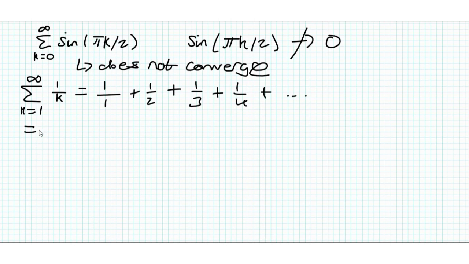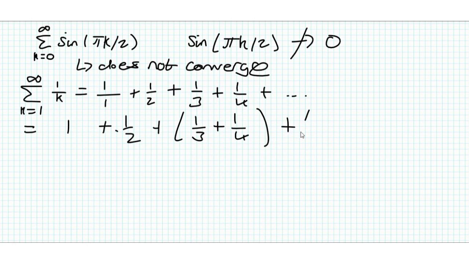And we can actually group the terms in such a way that we get 1 plus 1/2 plus 1/3 plus 1/4 plus 1/5 plus 1/6 plus 1/7 plus 1/8 and so on.